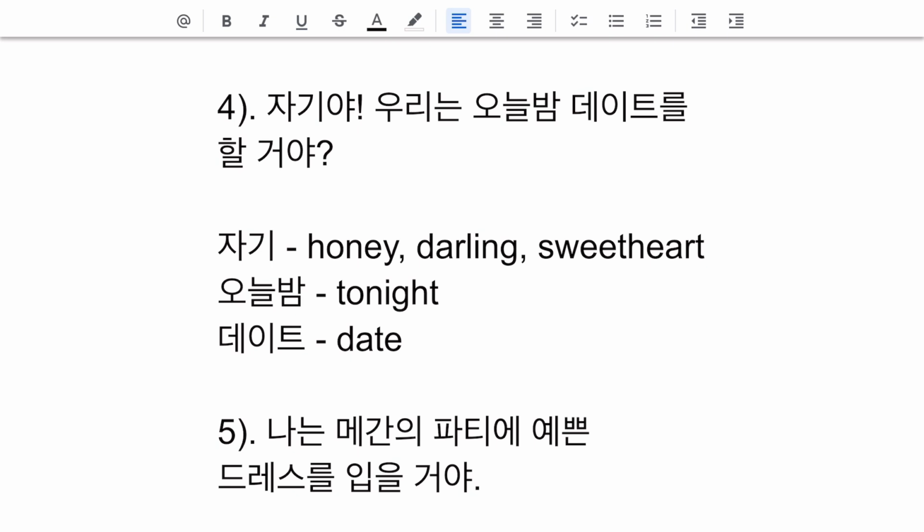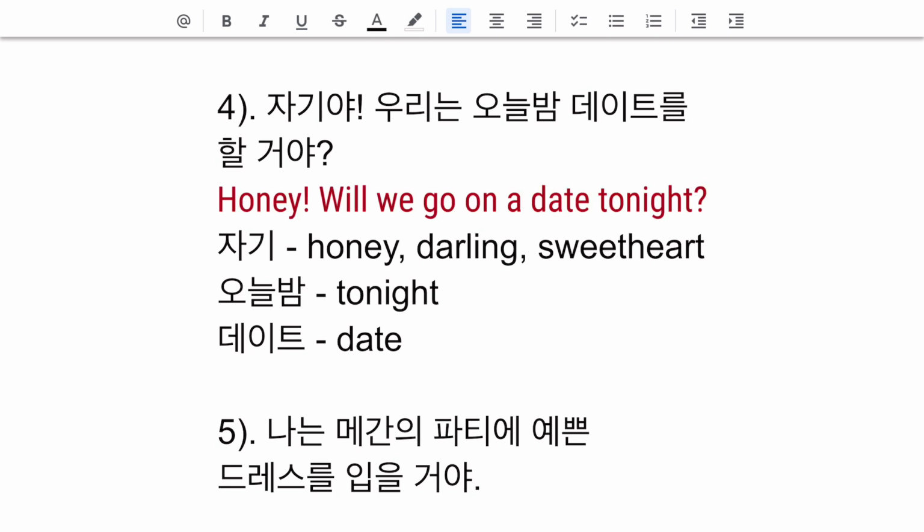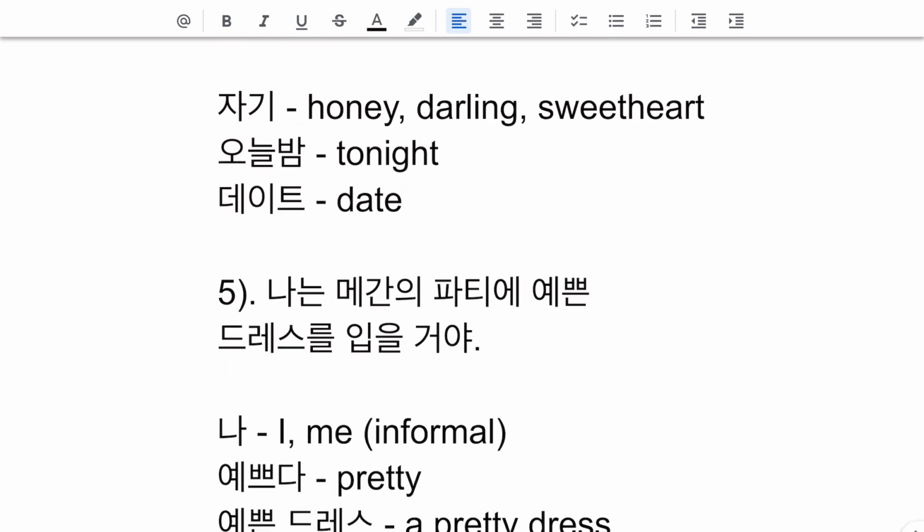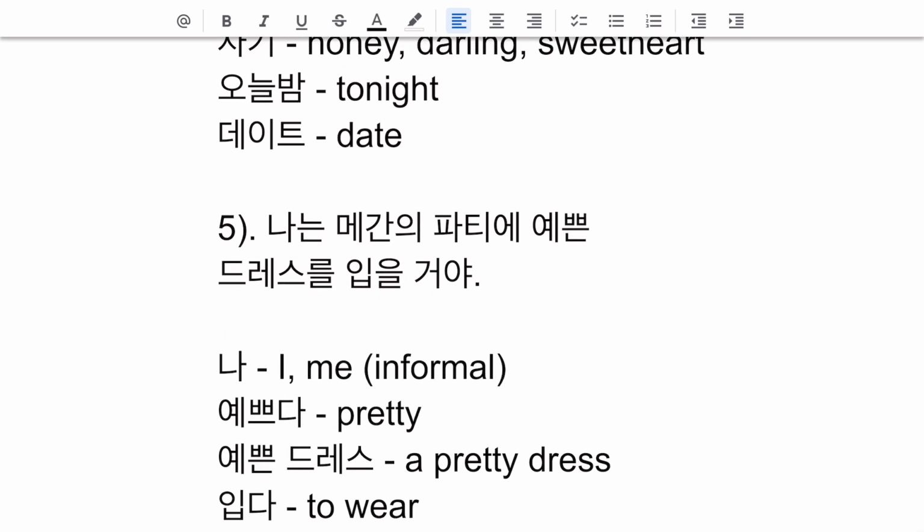Could you keep them close together and get rid of the word and just say 데이트 할 거야? Technically, yes, you can. But Koreans, most of the time, they want to break it up into its own separate things.